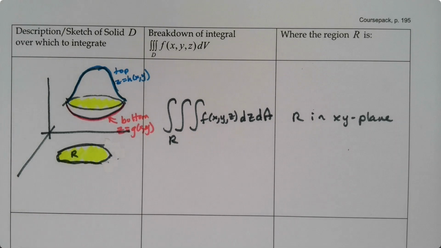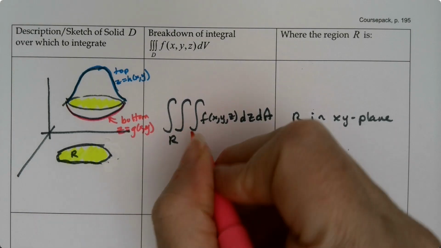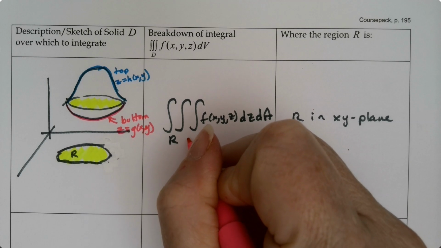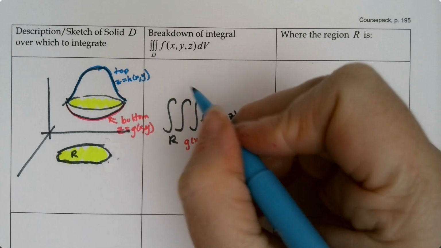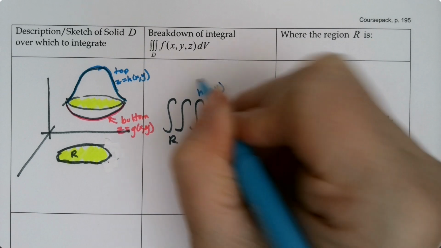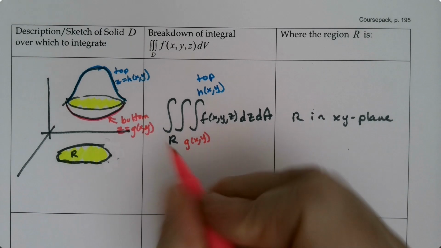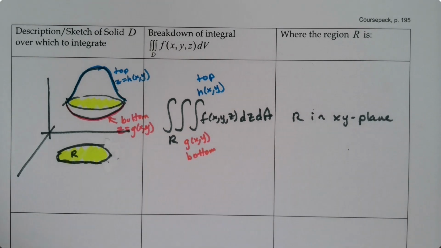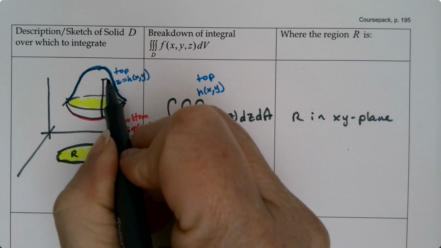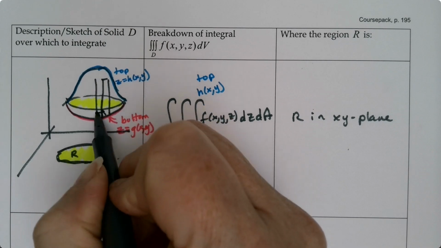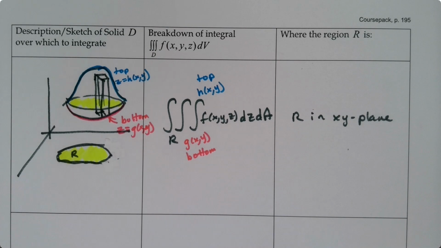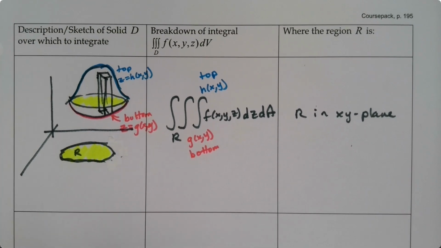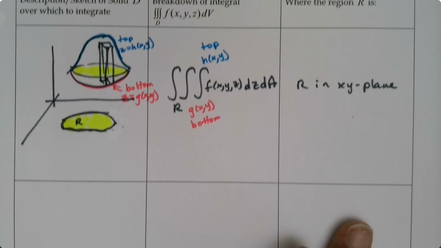And z would go from my bottom function, which is z equals g of xy down here, to my top function, which is h of xy up here. So this is the top, this is the bottom. And of course, what we're doing is we're stacking columns inside of this three-dimensional surface, right? So we stack the column in from bottom to top. All right, so that's the one we're most comfortable with. We've been doing that one for a while, but it doesn't have to go that direction.